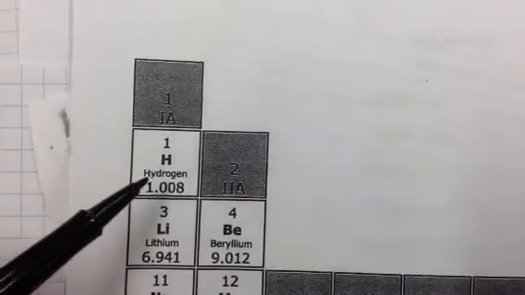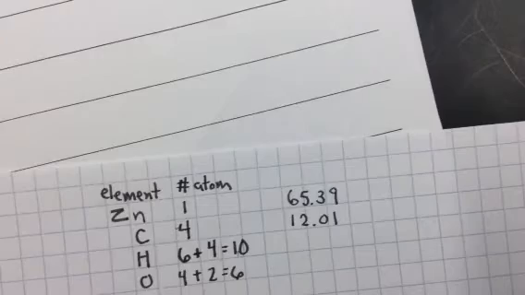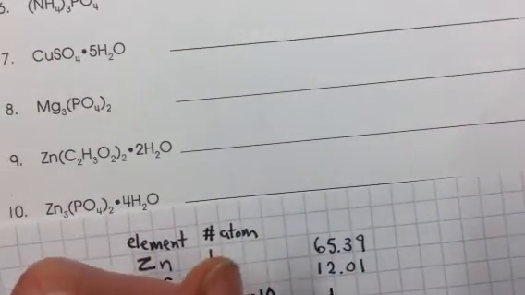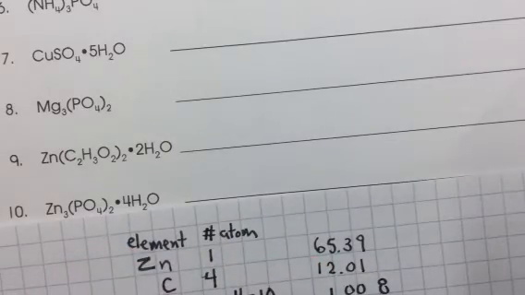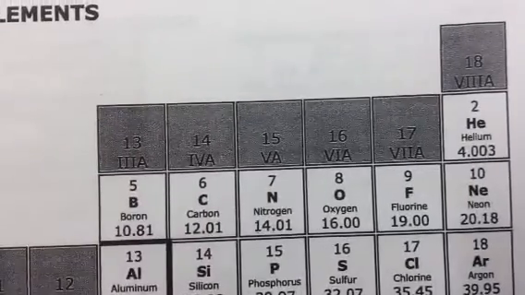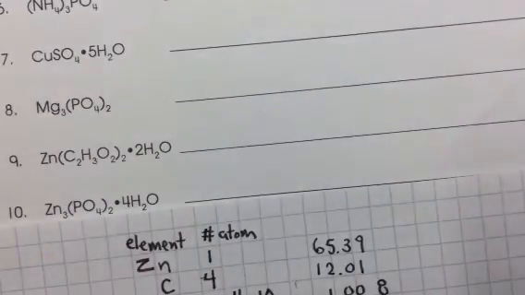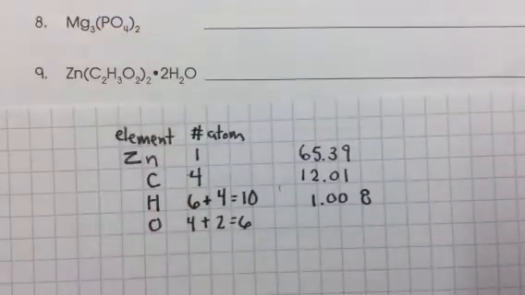They're on top of those alkali metals, even though it's not one, 1.008. And we have oxygen, another nice round one, 16.00.